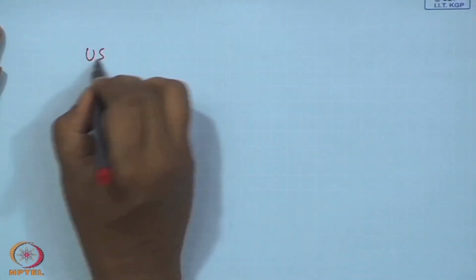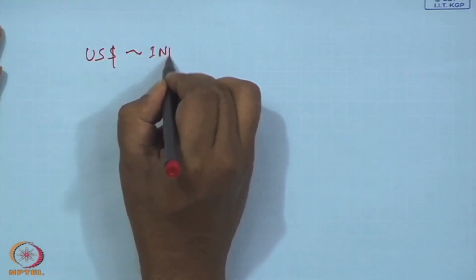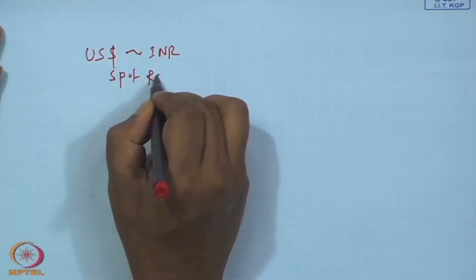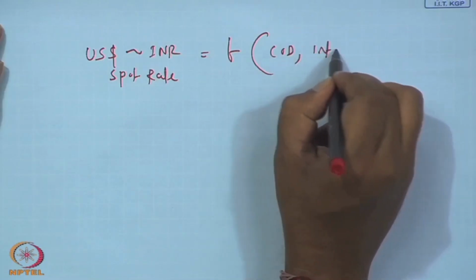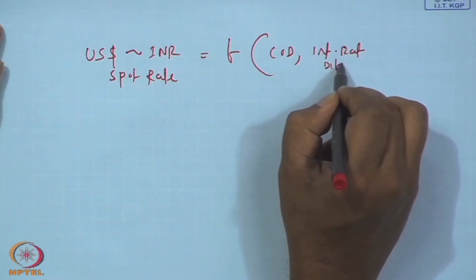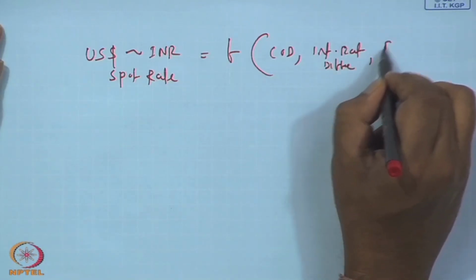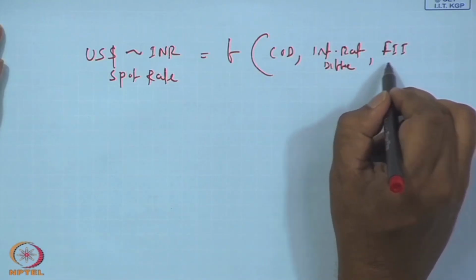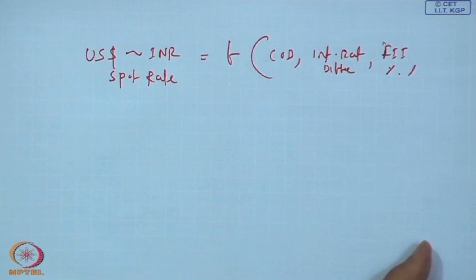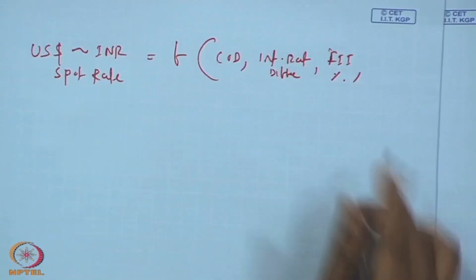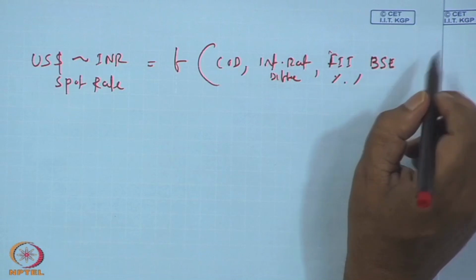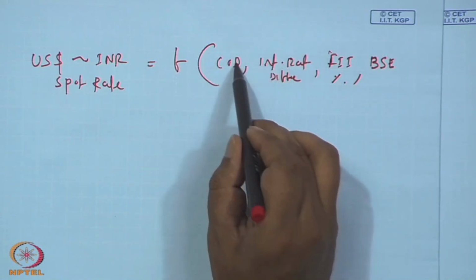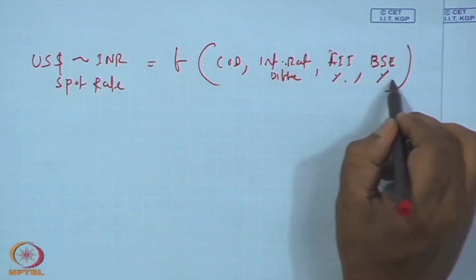In my OLS regression, as I mentioned to you, the US dollar and INR spot rate is a function of current account deficit, interest rate differential, net FI, percentage change of net FI, and also BSE return percentage. These are the four variables.